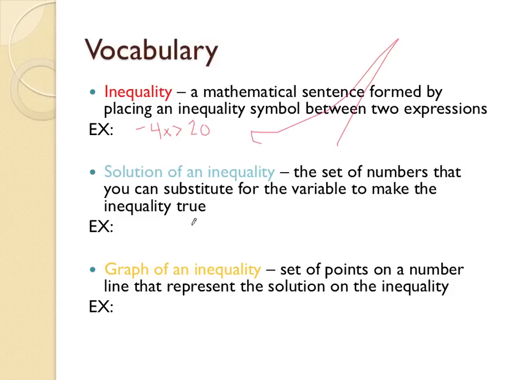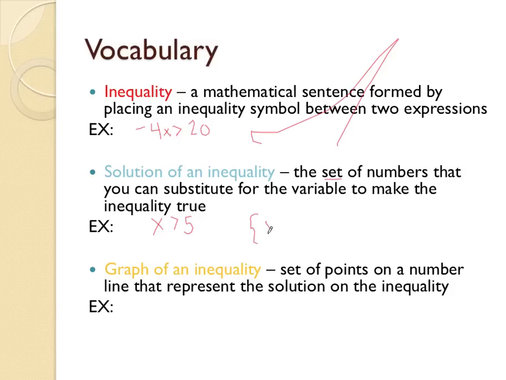The solution of an inequality is a set of numbers. That's really important. A set of numbers means that it's more than one number that can substitute for the variable to make the inequality true. So for example, if I had x is greater than 5, my solution would be all the numbers that were greater than 5.